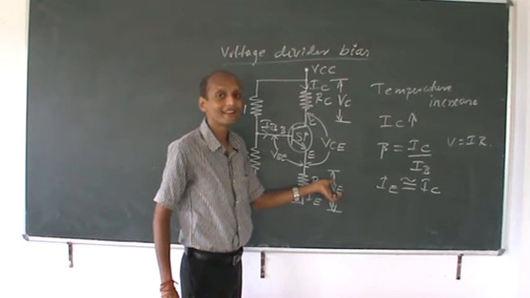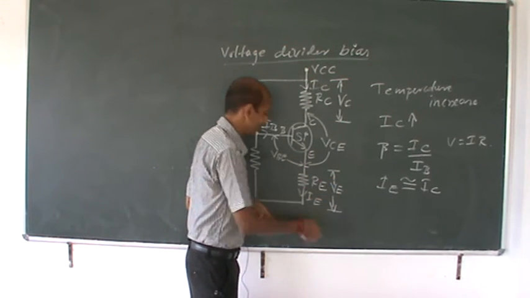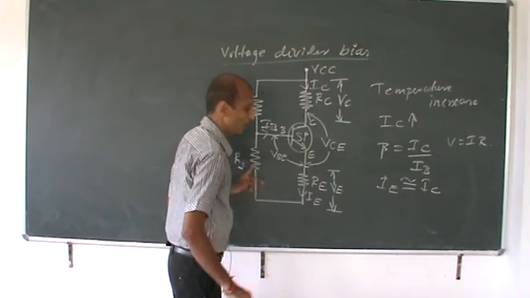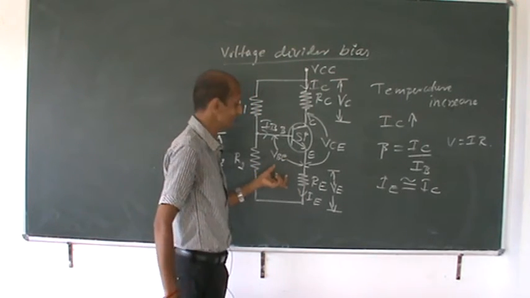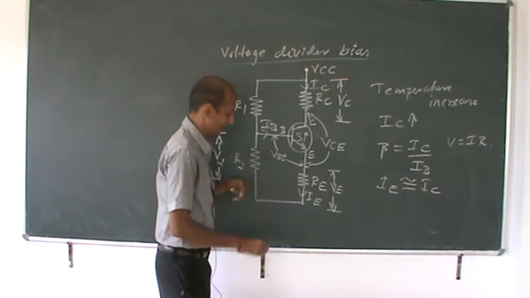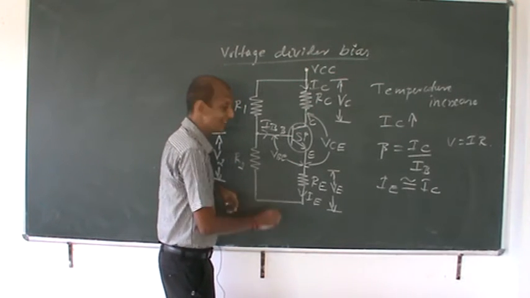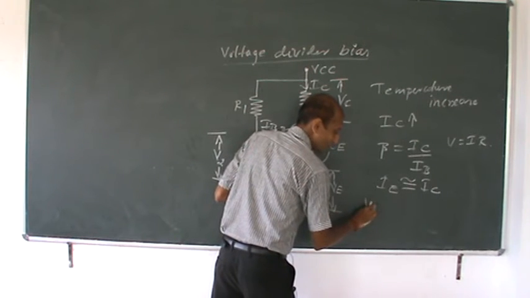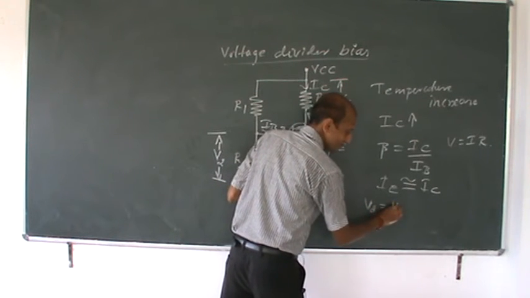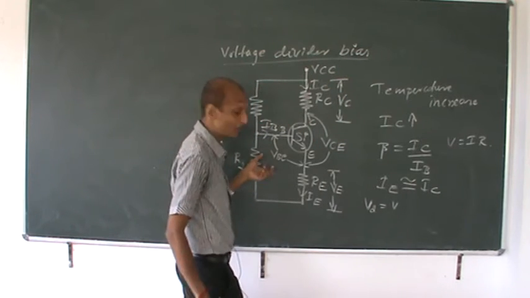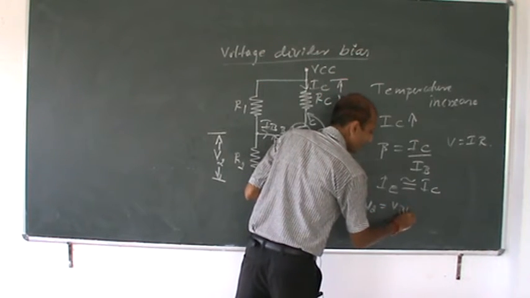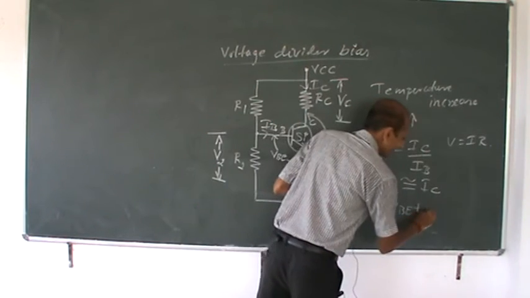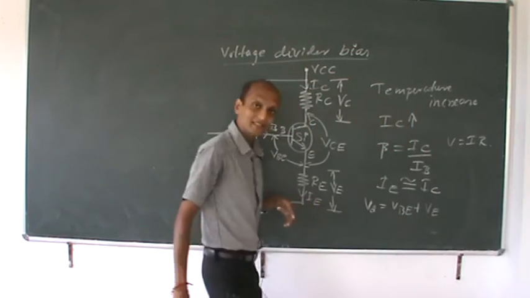So VE increases. What happens here in this loop? How we have written it last class? At this loop, if I apply KVL, what can I write?